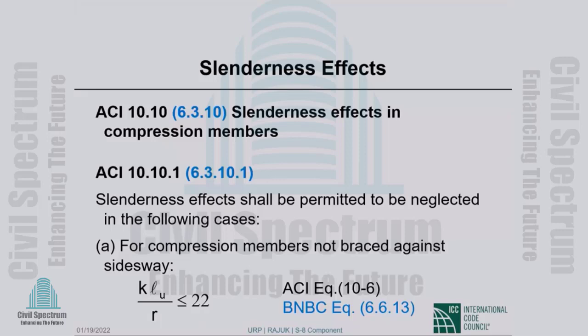This is what the publication used to be called, Notes on ACI 318, published by the Portland Cement Association. The Notes on 318-08 was the last one that was published in print.